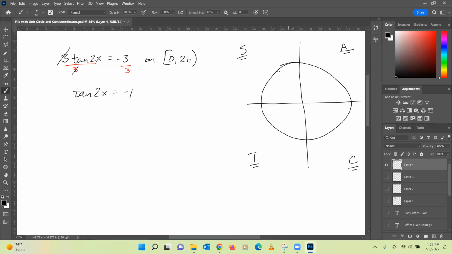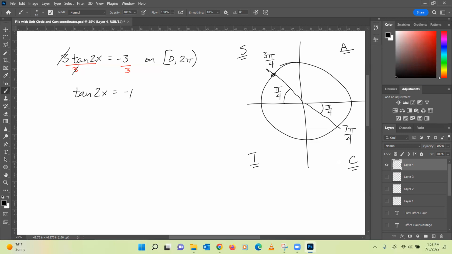Tangent would be -1 here and here, with a reference angle of 45 degrees or pi/4. Okay, so this would be 3 pi/4, and this would be 7 pi/4. Those two angles have a tangent of x being -1.